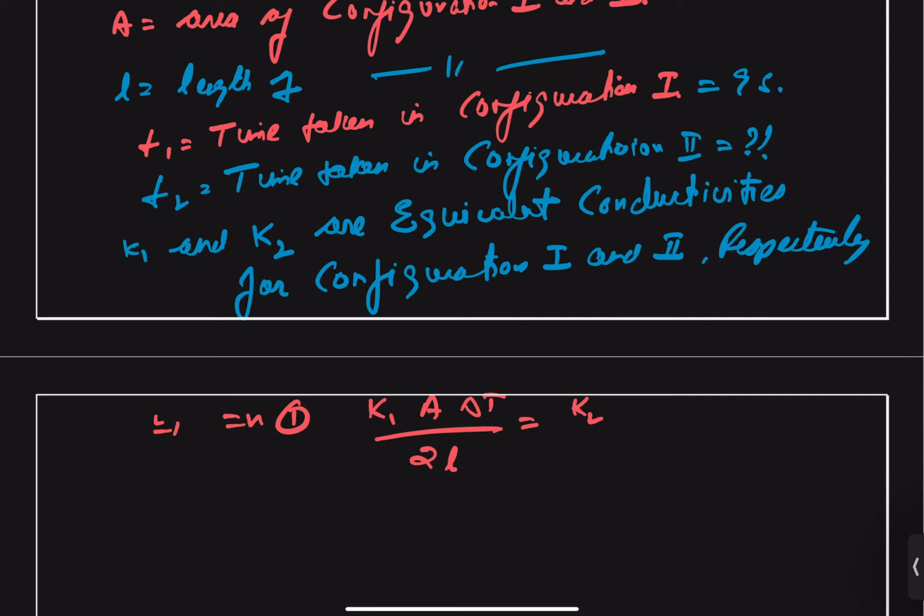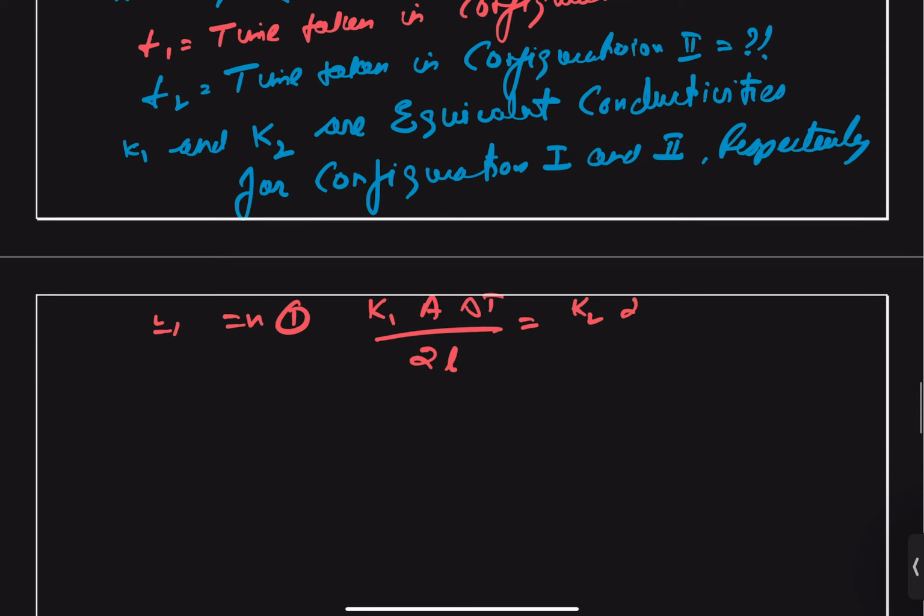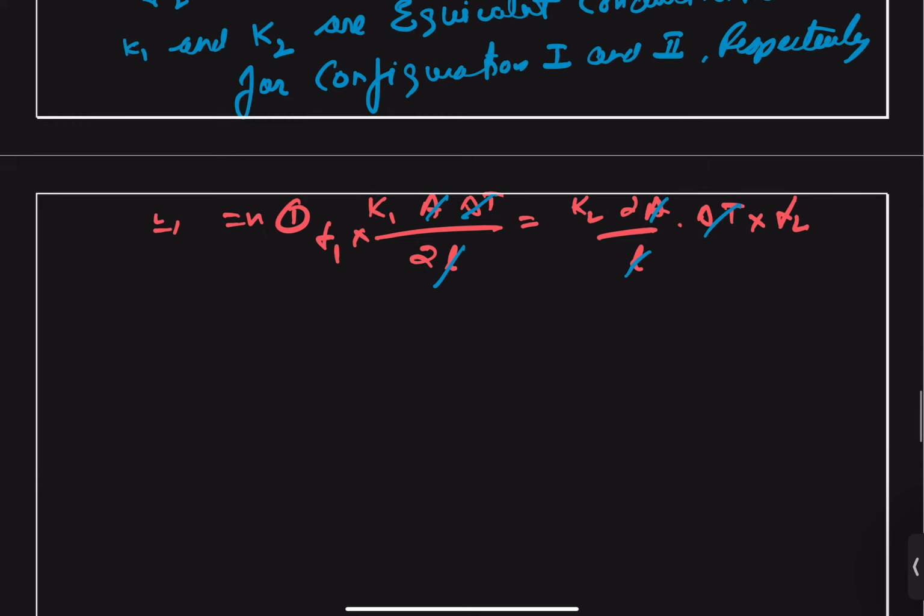This becomes K2, and this will be now 2A divided by L, multiplied by delta T, this being multiplied by T1 and this being multiplied by T2. Length, area, temperature, these terms cancel out. So we get T2 will be equal to K1 upon K2 multiplied by T1 divided by 4.